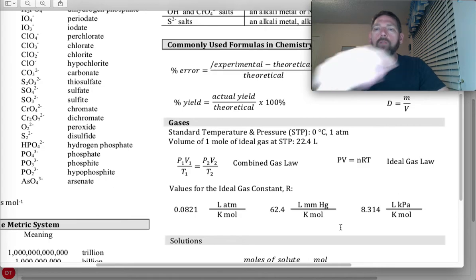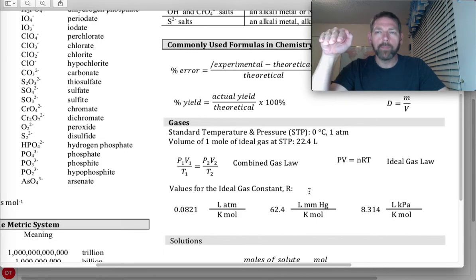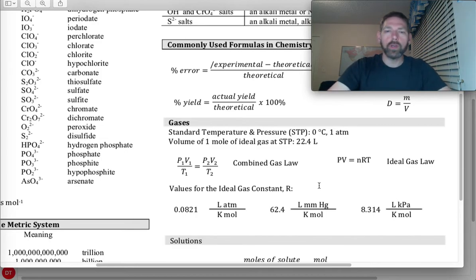And then right here, kPa, that's kilopascals. The easiest way to explain this is the distance between you and someone else might be 6 feet. Well, if you were to measure that in inches, with 12 inches per 1 foot, that's 72 inches. 72 inches and 6 feet are both the exact same value. They're the same distance, but the numbers are different because we're using a different unit. So that's really all that has happened here.